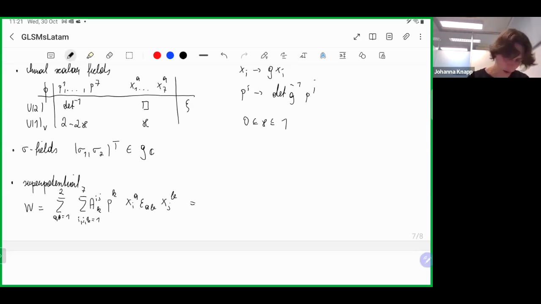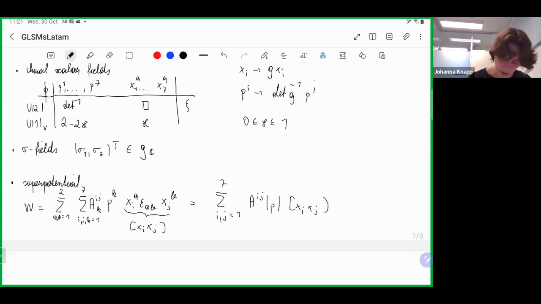And in view of what we're going to see, I'm going to write this. I'm going to contract the indices and call this x_i, x_j, summed over. And I will write this as sum over i and j equals 1 to 7. So this is just a rewriting, suppressing the group indices, A_ij of p, x_i, x_j.